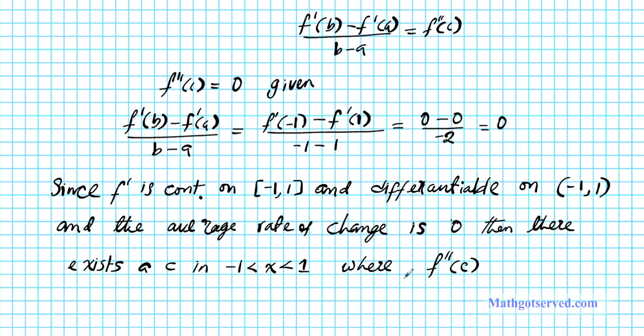So there has to be a c where the instantaneous rate of change is equal to the value of the average rate of change, which is 0.